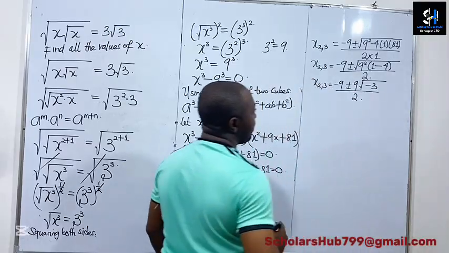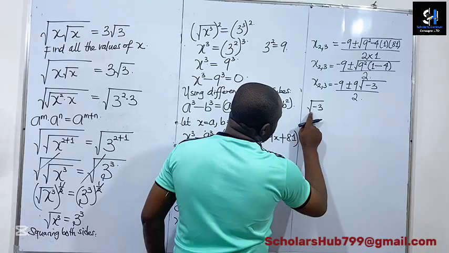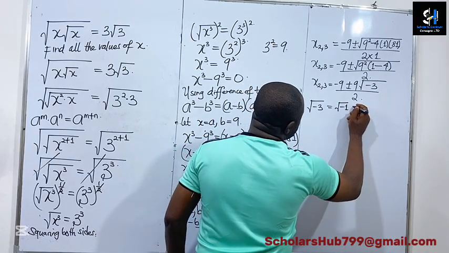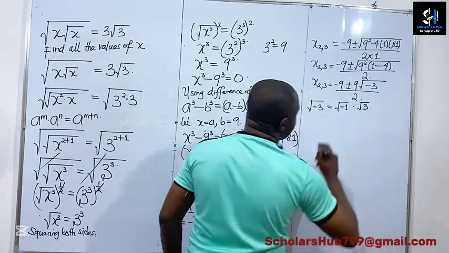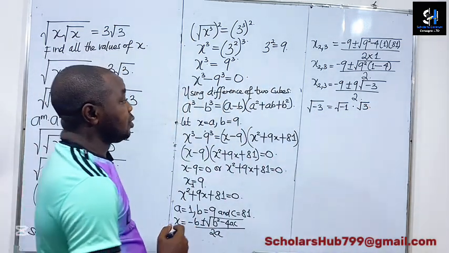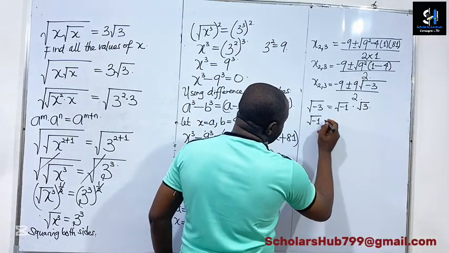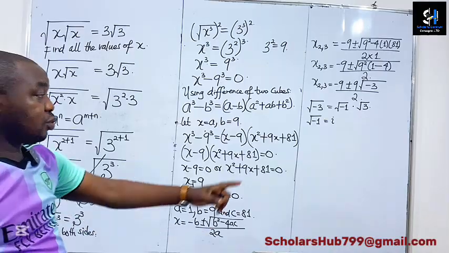Now let's not forget that the square root of minus 3 is the same as the square root of negative 1 multiplied by the square root of 3. We know that the square root of minus 1 is represented with the imaginary number i.